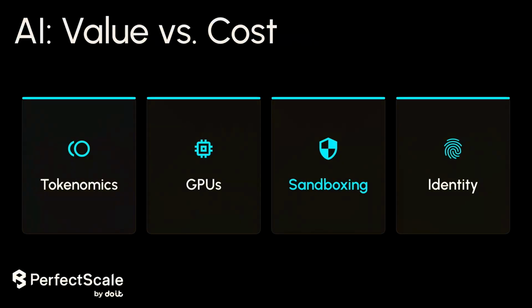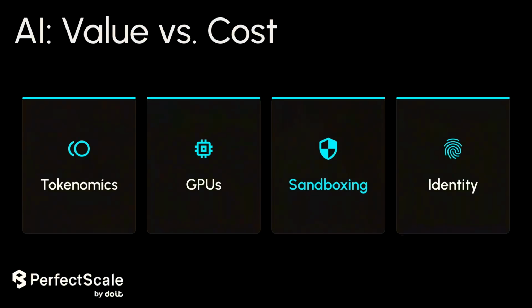Okay, and coming back to my original topic, cost. When talking about the cost of AI, we usually talk about the cost of GPU. There is now this new term, tokenomics, talking about how much the tokens cost us and how much value we actually get from these tokens. Now we see that there is more cost involved, right? The cost of sandboxing, the cost of identity, and when talking about sandboxing, the question comes back again.